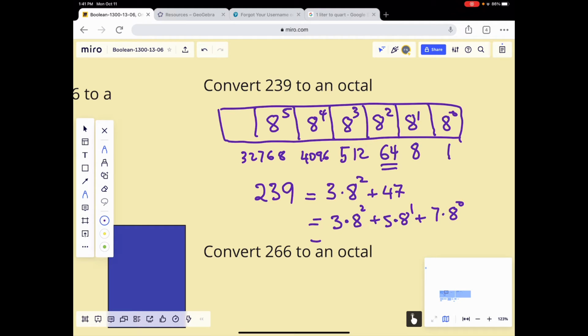So that is the answer for the question, 239 decimal to octal.